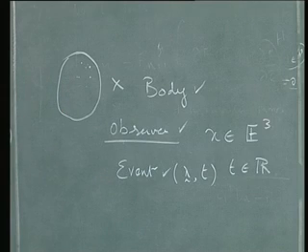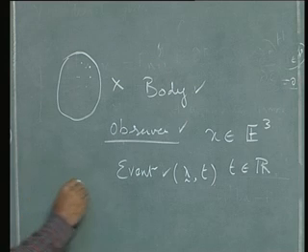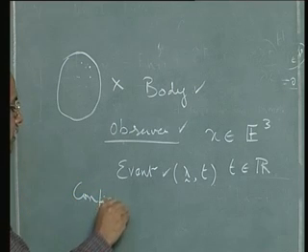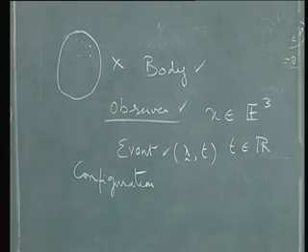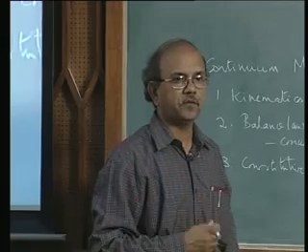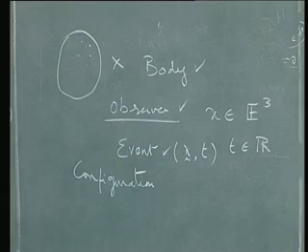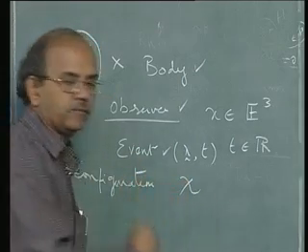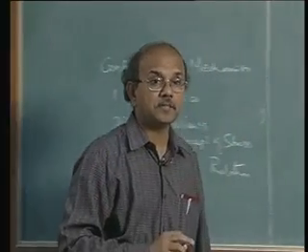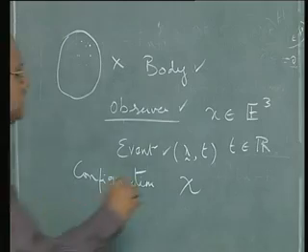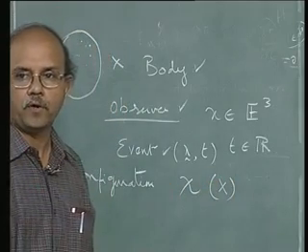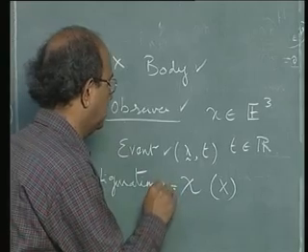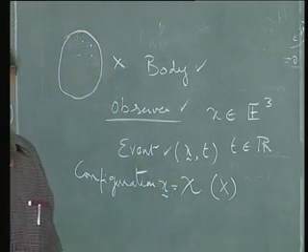Now the next issue is we are going to define what is called the configuration of the body. What is the configuration of the body? The configuration of the body is defined as a mapping which maps a position X, which is a material point, to a vector, say small x.